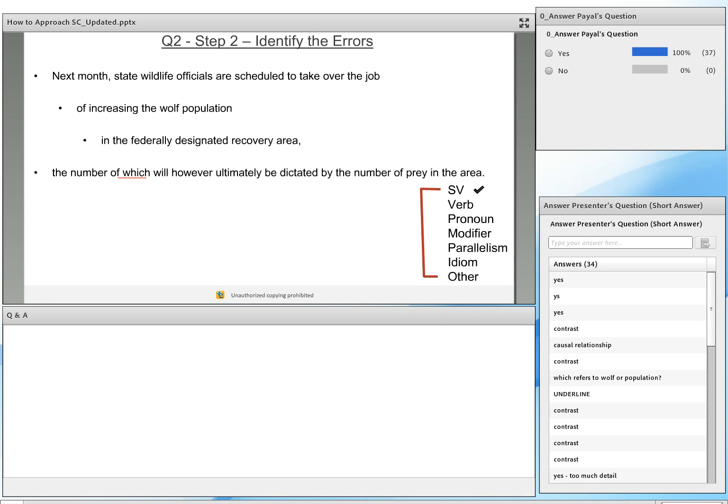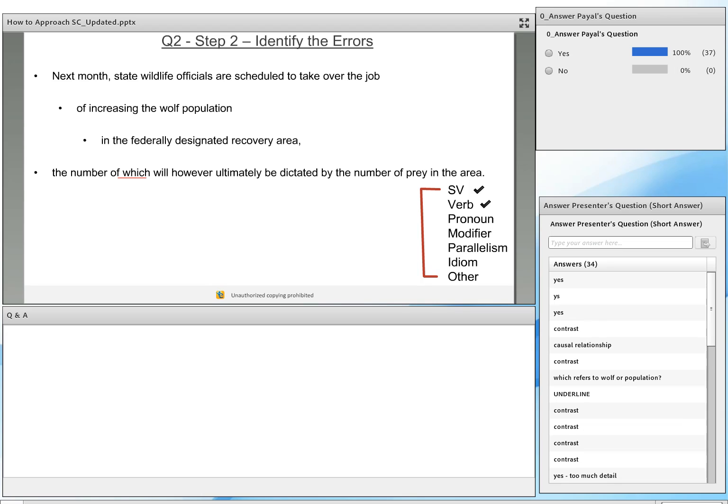Oh, there is no subject verb error here. Oh, there is no verb error here. Because as you are reading the sentence, you would automatically know whether there are any errors from subject verb, pronoun, modifier perspective or not.